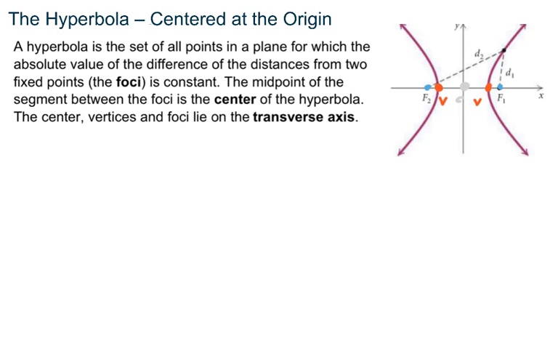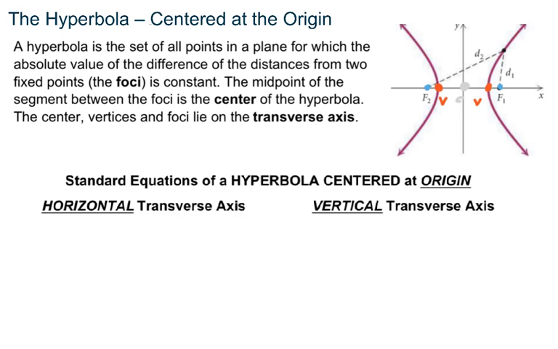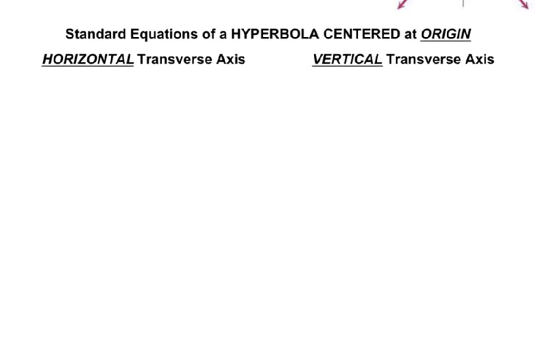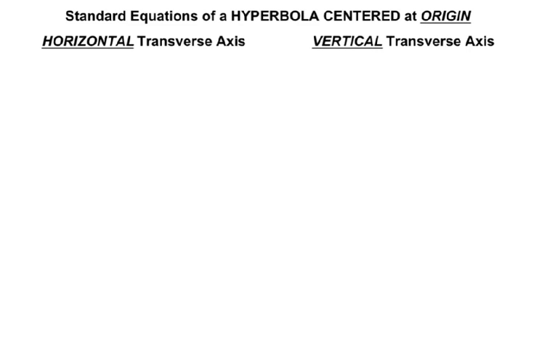So let's get into our standard form for hyperbola, which are centered at the origin. As I've mentioned, dealing with hyperbola, they're very similar in the way they look to ellipses. So for example, we have x squared over a squared minus y squared over b squared equals 1.